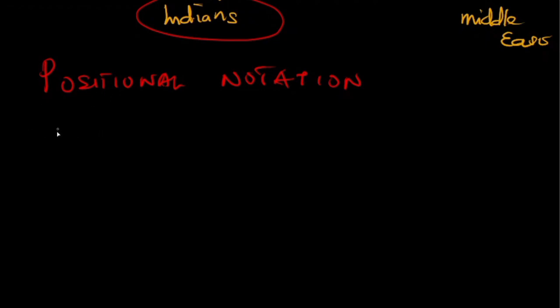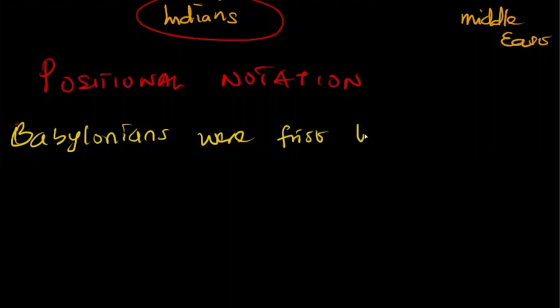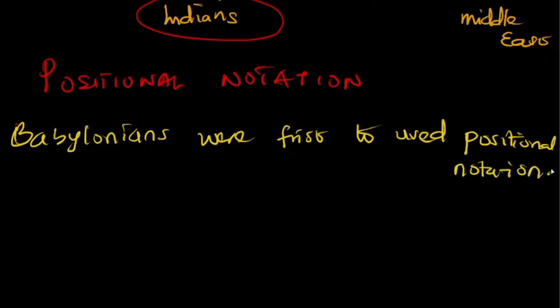For instance, from history, the Babylonians were said to be the first people to use positional notation, but over time the Romans also used positional notation.